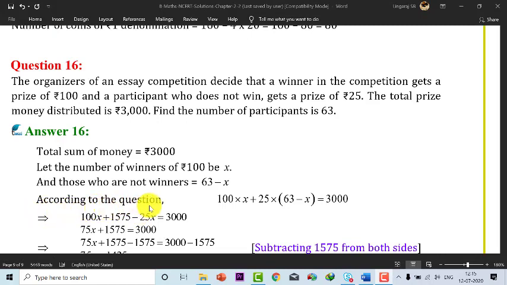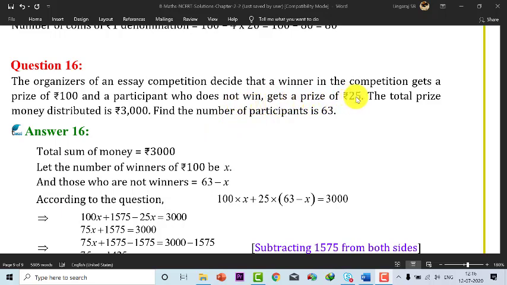According to the given question, 100 into x plus 25 into 63 minus x is equal to 3000. So here x is the number of winners of 100 rupees, so 100 into x, and then 63 minus x are those who are not winners.